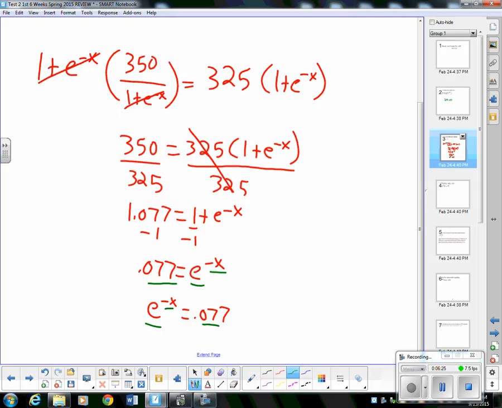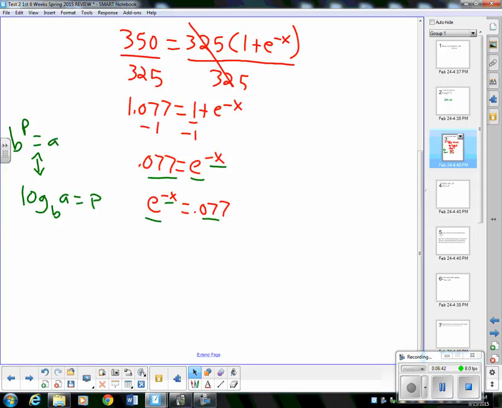So if we have a base raised to a power is equal to an answer, we want to turn it into a log with the same base raised to the answer is equal to the power. So what we want to do with this then is I want to do log with the base of e, 0.077, is equal to negative x. Now log base e is the same thing as the natural log.